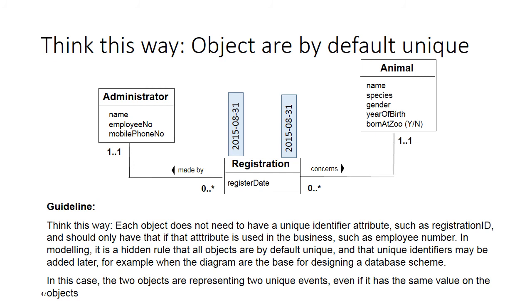Here you have a unique identifier attribute, employee number, which gives each object a unique number. In this case, it is okay to have that attribute if the business uses the term employee number.